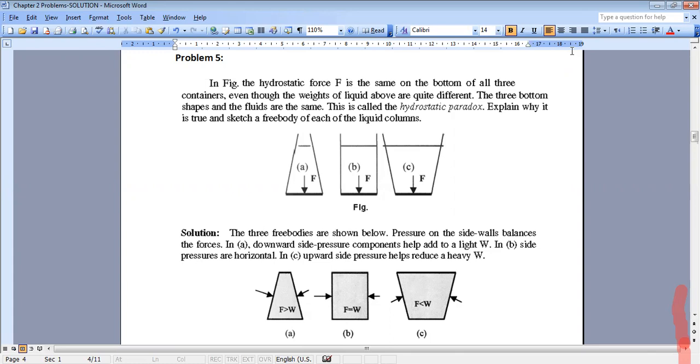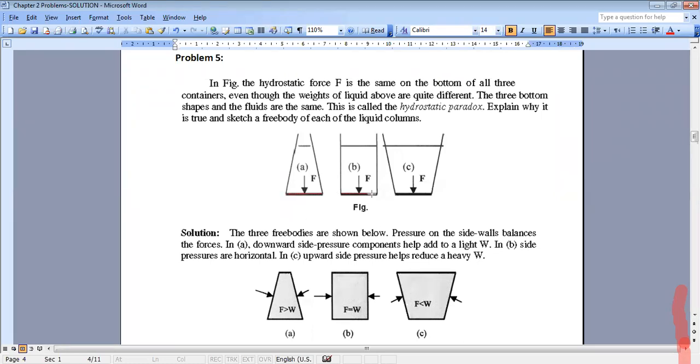So in this problem, we will see how fluids of different weights will act in the same way on a certain shape. So here, what is common between the three containers is first that we have the same area. So the bottom area is the same for the three.